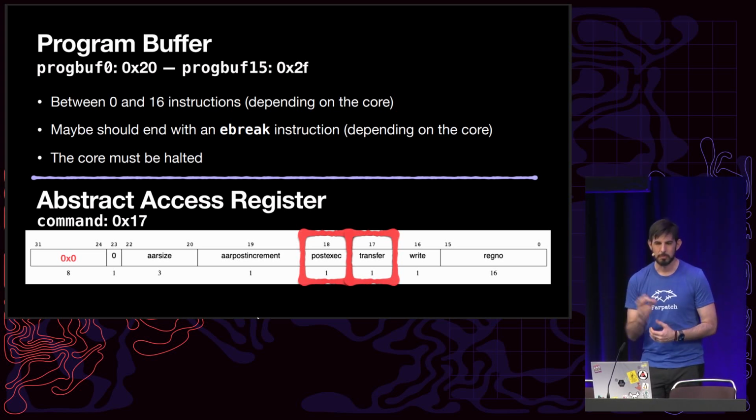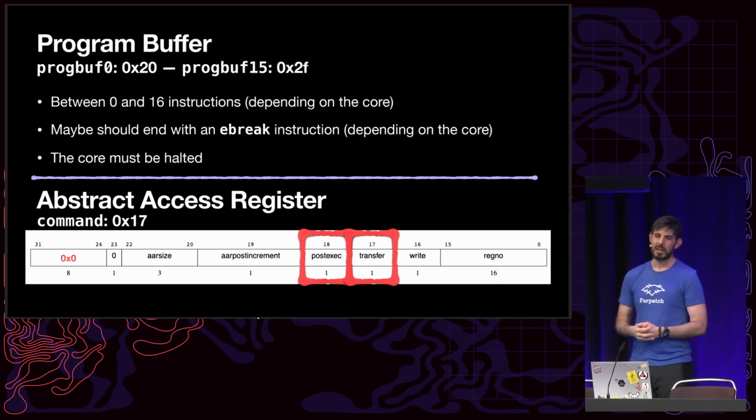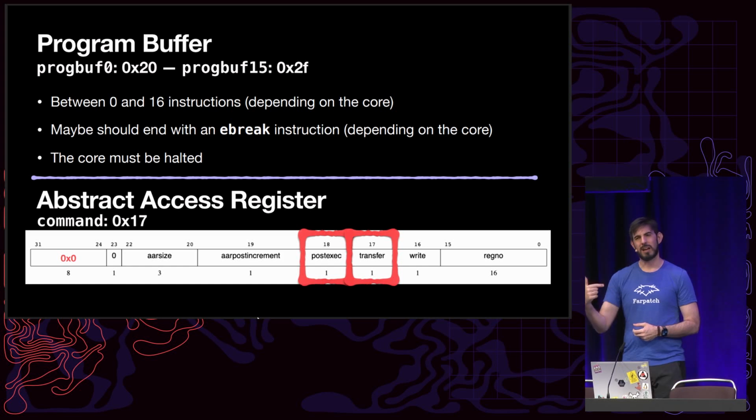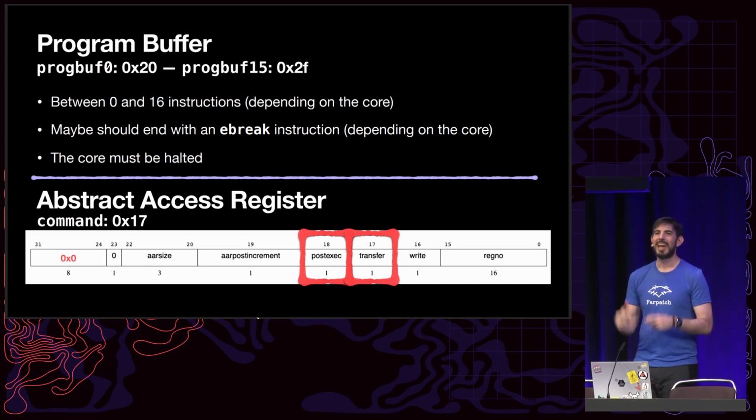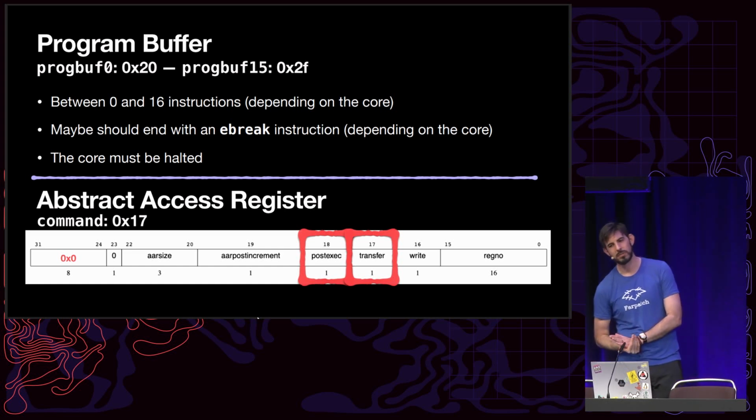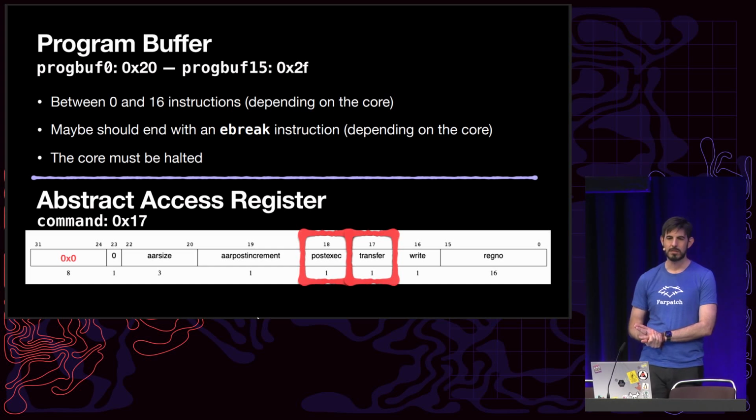You actually run the program by using this same abstract access register, but you set postexec to 1, which is after we write this register, execute the program in the program buffer. And so this is why there's this transfer bit, because if you set it to 0, then it will just execute the program without actually transferring any values.